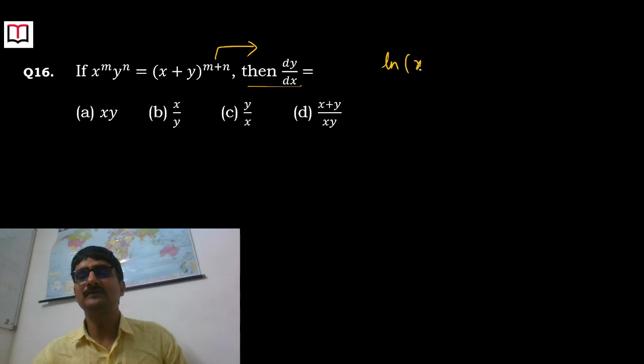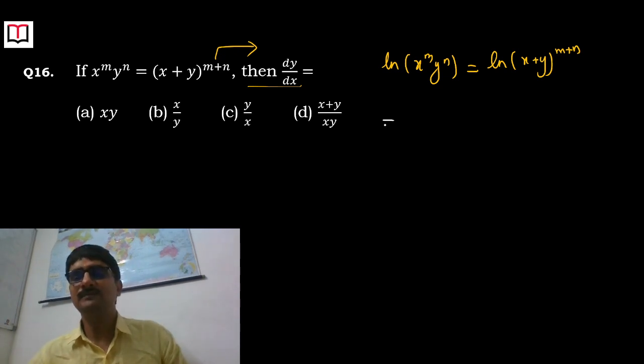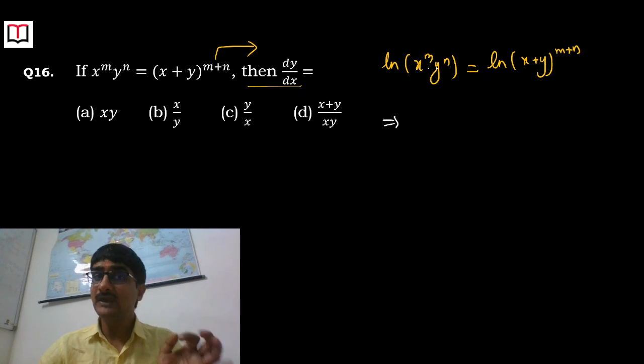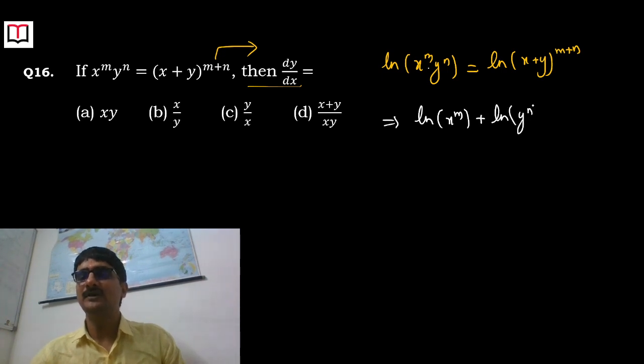So ln of x raised power m y raised power n is equal to ln of x plus y whole raised power m plus n. Using log property, we know that the power appears outside as a product, and log of a into b is nothing but log a plus log b. So ln of x raised power m plus ln of y raised to the power n is equal to m plus n times ln of x plus y.